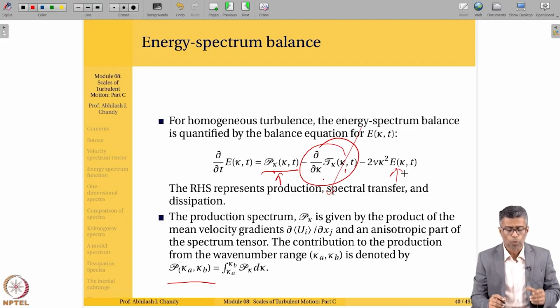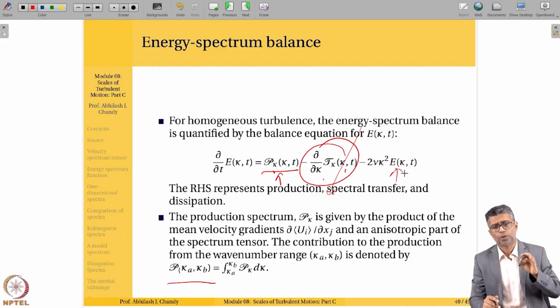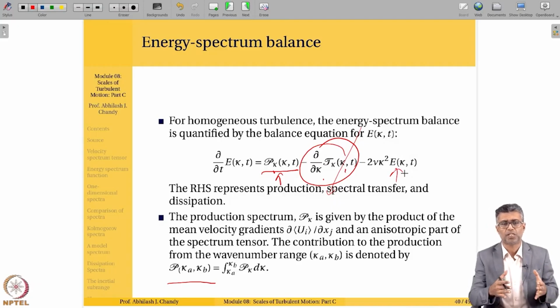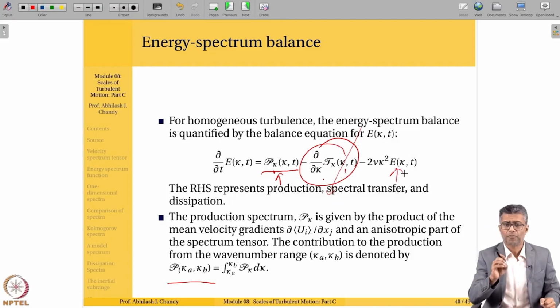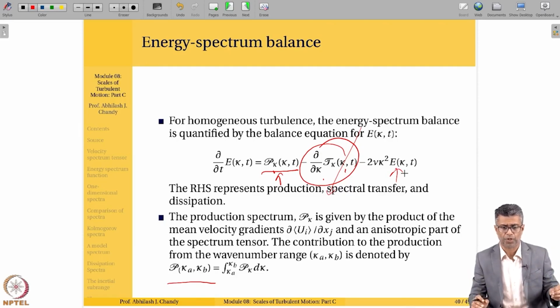So what is the production term? The production term is given by the product of the mean velocity gradients and an anisotropic part of the spectrum tensor. Let's not get into that. In fact, let's just think of it as the range of wave numbers where energy is being produced.